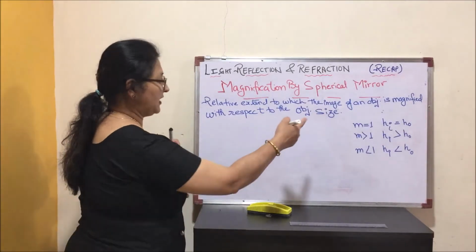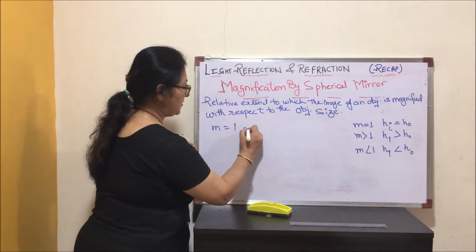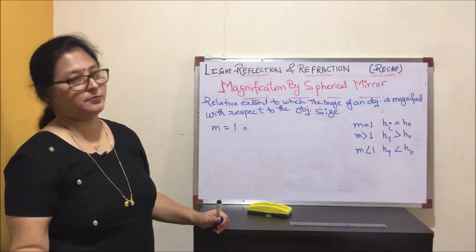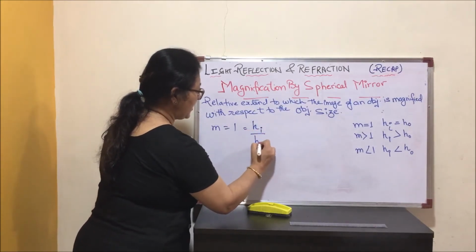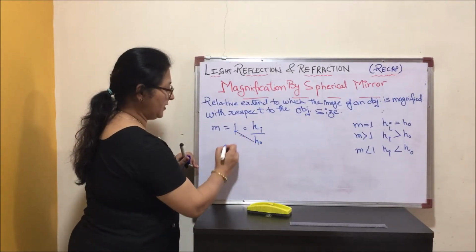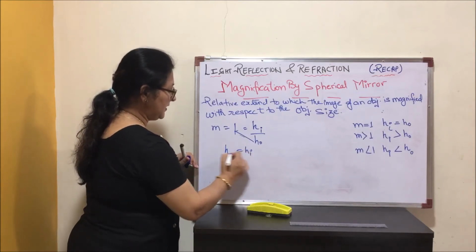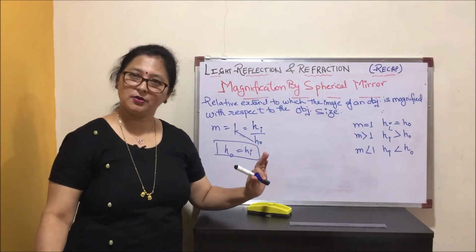How did we get that when magnification is 1, the height of the image is equal to the height of the object? Okay, so hi divided by ho. If I bring hi here, ho here, what will I get? Ho is equal to hi. That means the height of the image is equal to the height of the object.